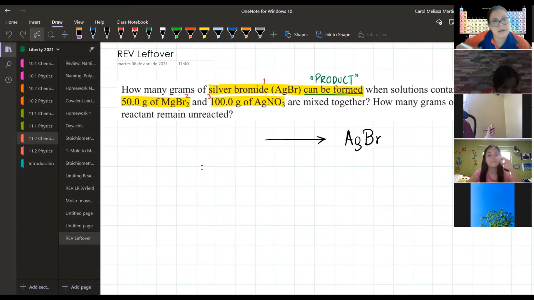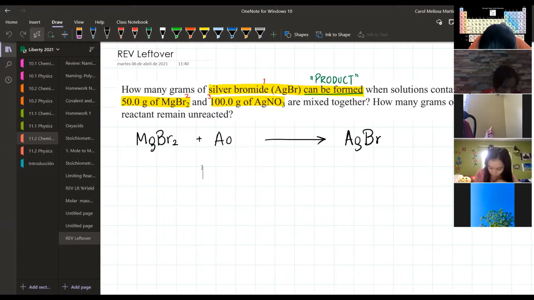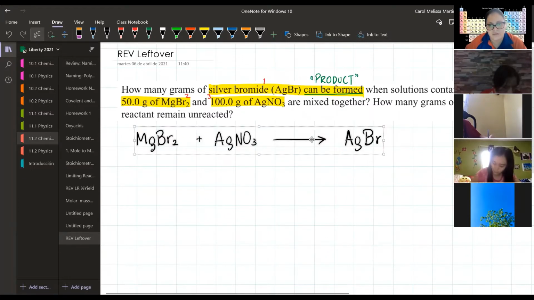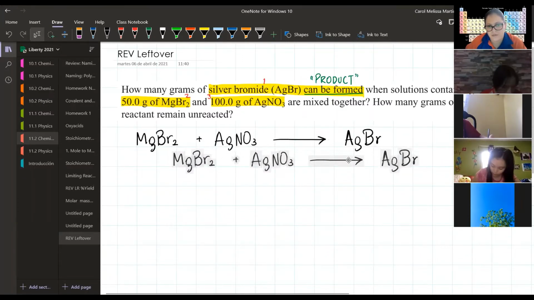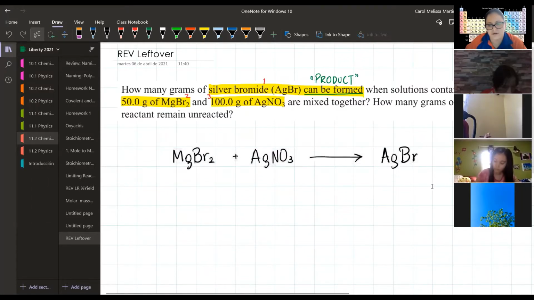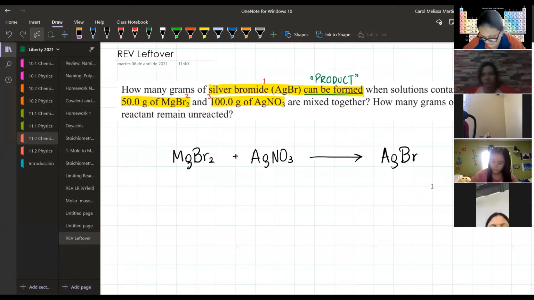So you complete the equation by writing the reactants, MgBr2 and AgNO3. Okay. Now I have a question for you. Is this reaction complete or is it missing something? We need to balance. I need to balance.